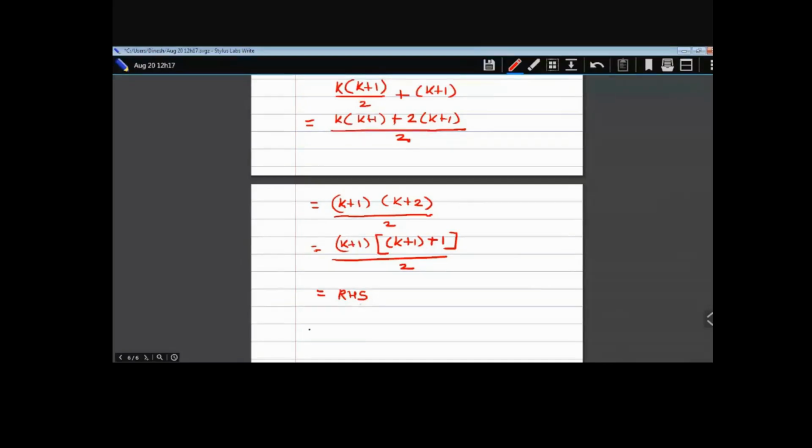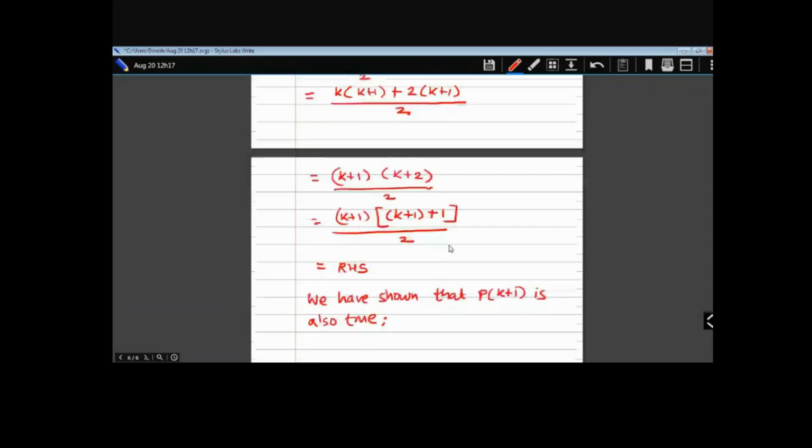So we have shown that P of k plus 1 is also true.